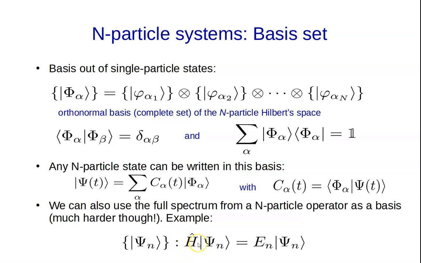For instance, in cases where this is made out of just single particle terms of single particle Hamiltonians, then you might construct the spectrum, and therefore you might construct the basis. But in this case, you essentially fall back into this other one. But I just wanted to leave it here because this is not the only way to build an n-particle basis. You might get it out of the spectrum of an n-particle operator as it's written here.